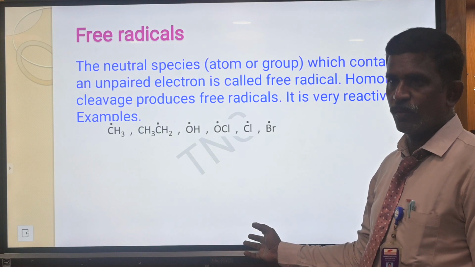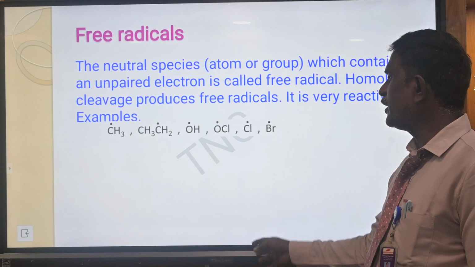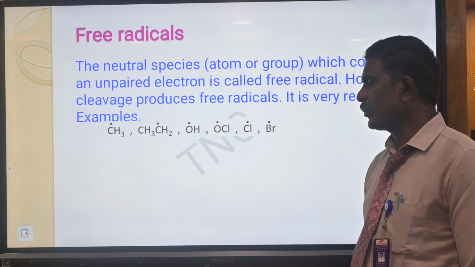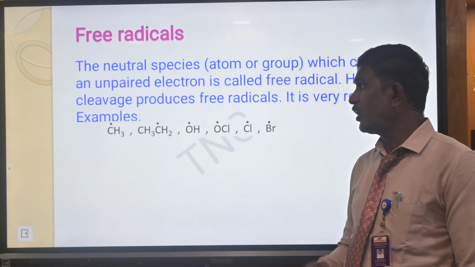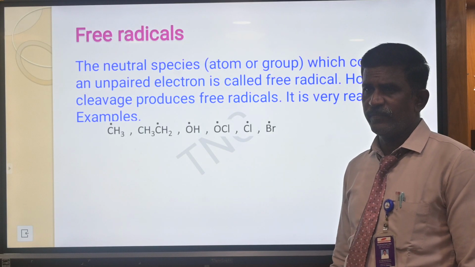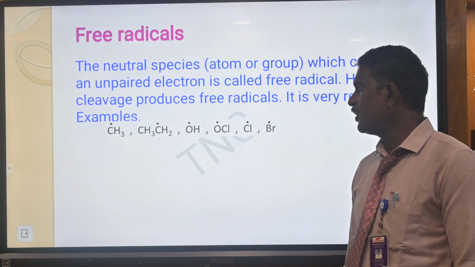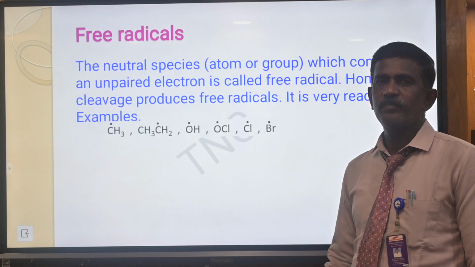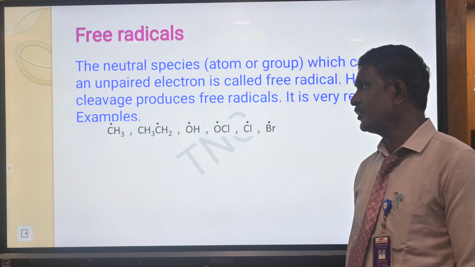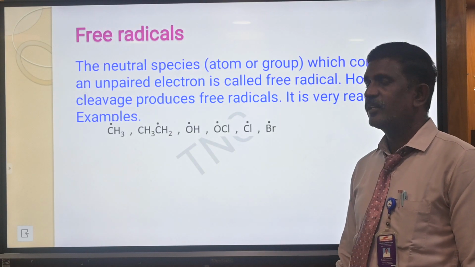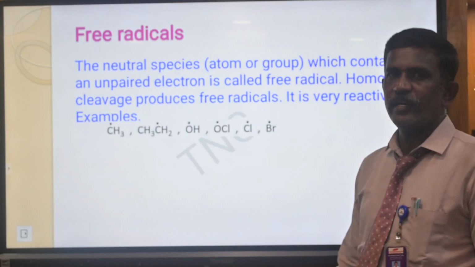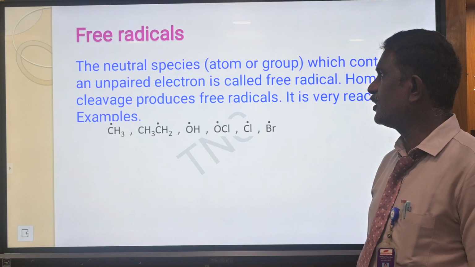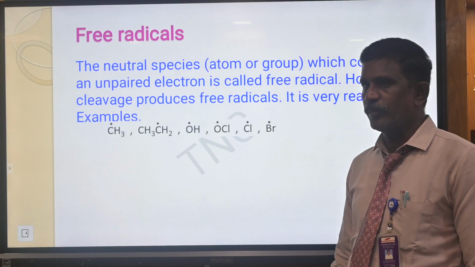Apart from O2, we could see many free radicals in photochemical reactions, like H, hydrogen, or methyl free radical, ethyl free radical, hydroxyl. Halogens are ready to form free radicals in the presence of light. These free radicals are highly reactive and ready to react with other stable compounds.